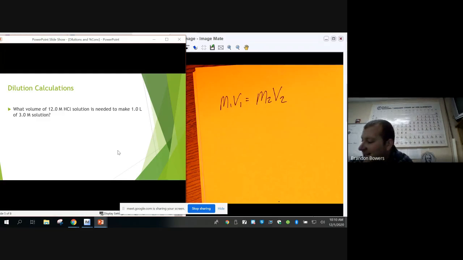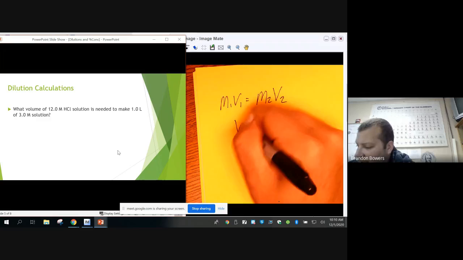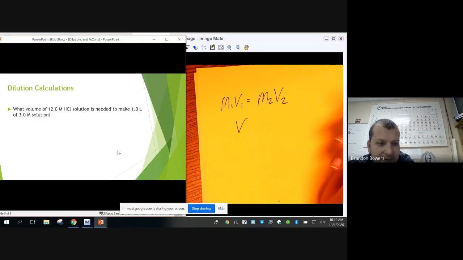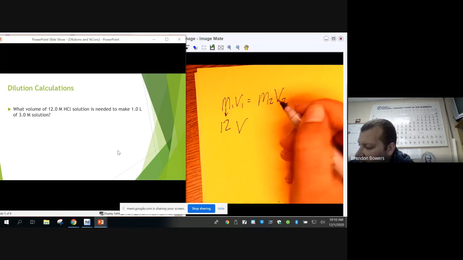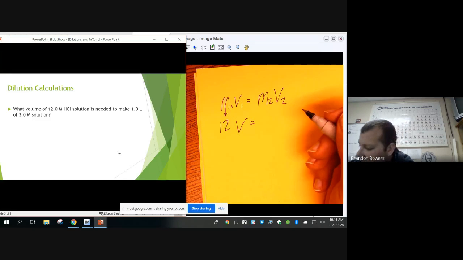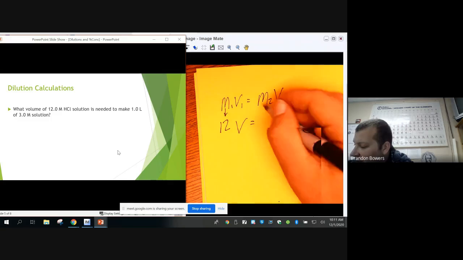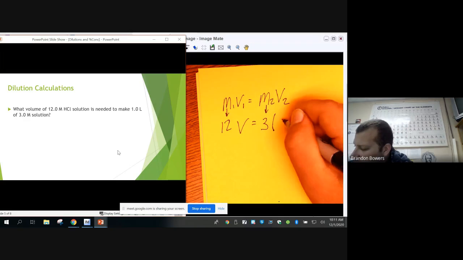It's asking for my initial volume, so I don't know what V is. Of 12 molar HCl. Well, I know my molarity is 12. And on the right-hand side, it is needed to make 1 liter of 3 molar solution. So I'm given 3 molar, and the volume is 1 liter.